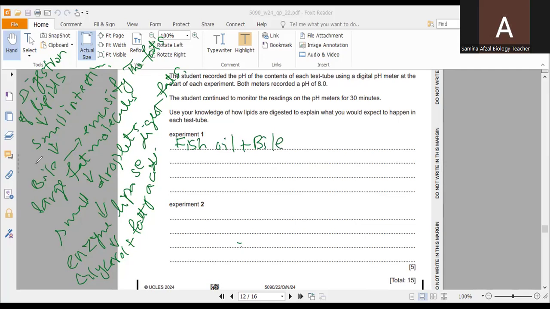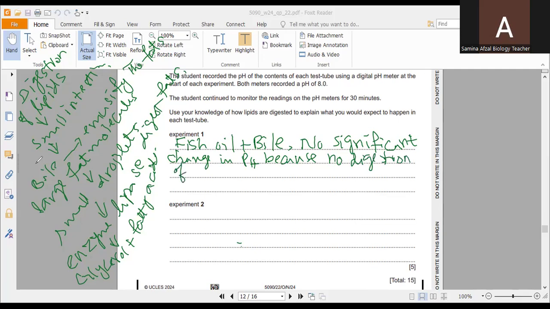There will be no significant change in pH because there is no digestion, due to the absence of enzyme.